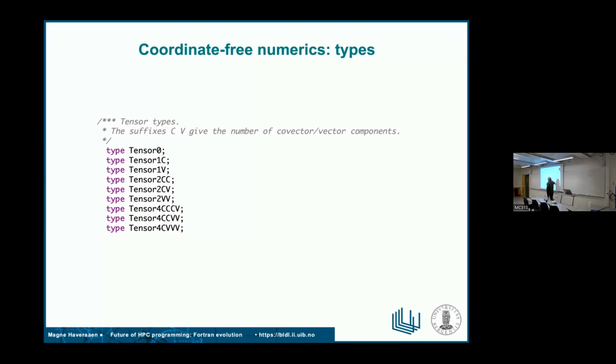In the system here, we are first giving all the Cs and then the Vs. You could also have a system where you say I can have a C, a V, a C, a V, but it doesn't add any type safety to what you're doing. So we decided this seems to be the basic types. Throw in more tensors if you need even higher levels of them. I think if you're going to some kinds of electrodynamics, you need 11 components or something like that. So when you go there, just throw in the extra ones you need.